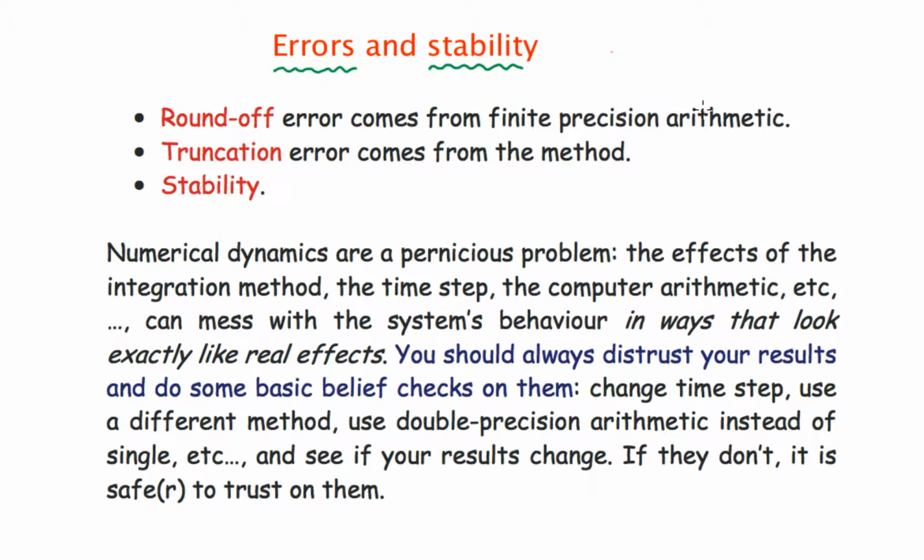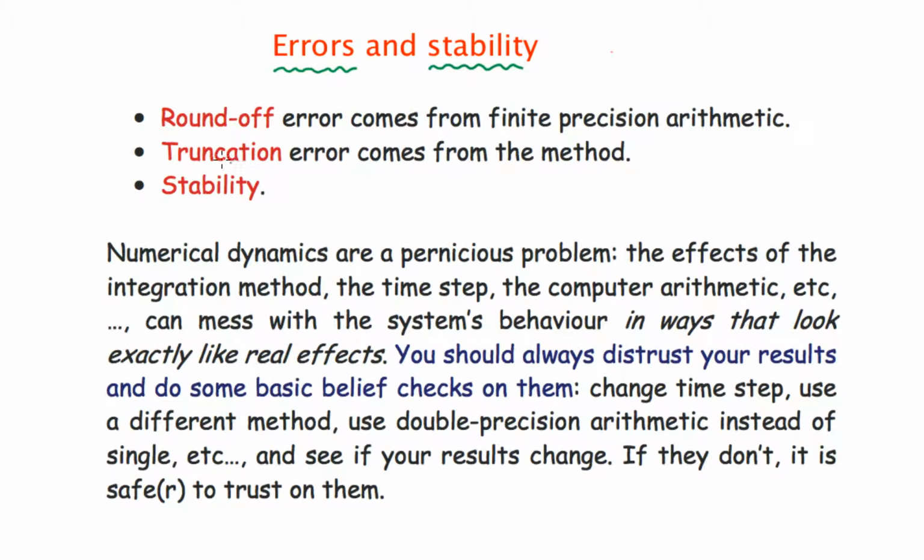So even though you can increase the precision of the numbers considering double precision in MATLAB, at the end you always have to have in mind that you always have a finite precision for the numbers. So this is one source of error, which we are going to call round-off error.